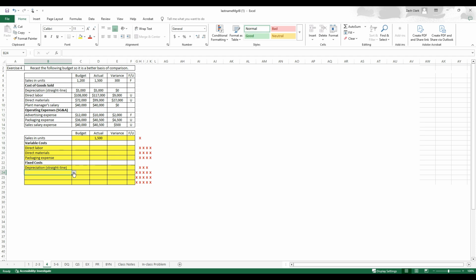We have plant manager's salary. So that's a fixed portion of overhead. The packaging expense would be more the variable portion of overhead. We've got advertising expense and sales salary expense here. So we're going to have that sales salary as a fixed cost. And let's see. Okay, that's pretty much everything in there.